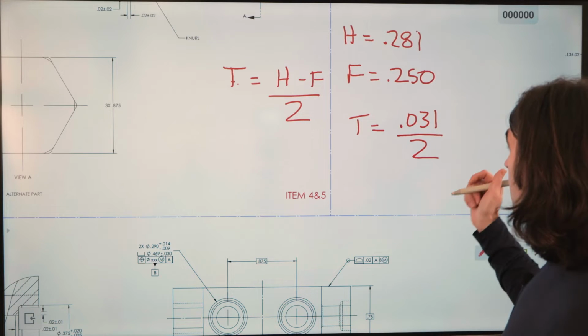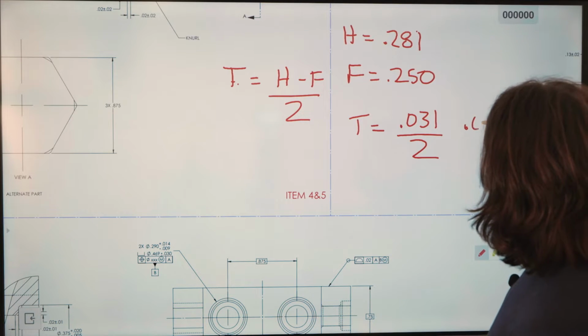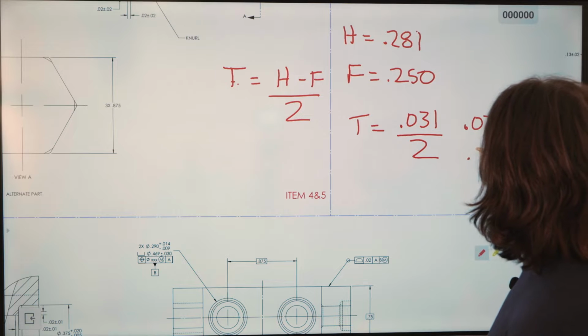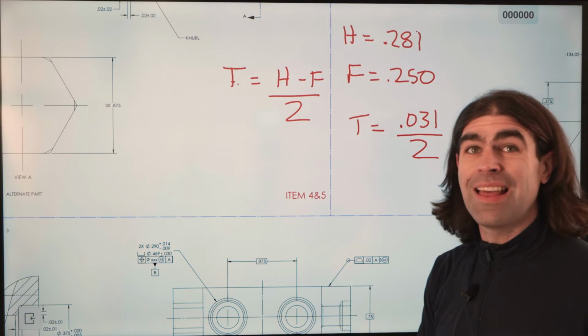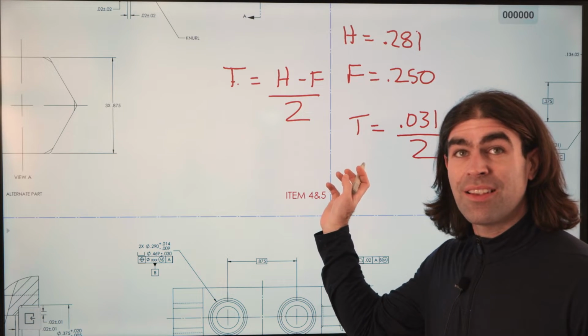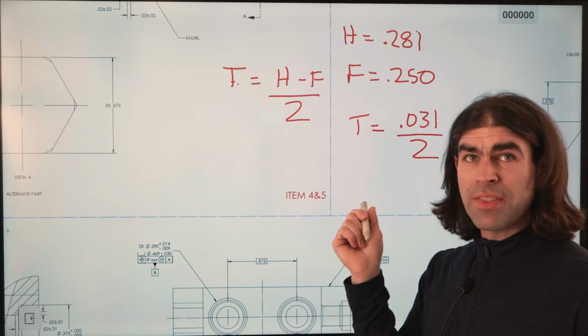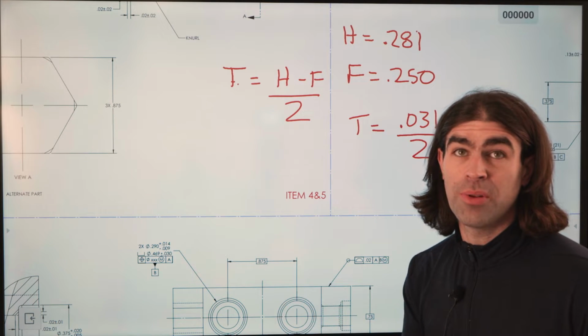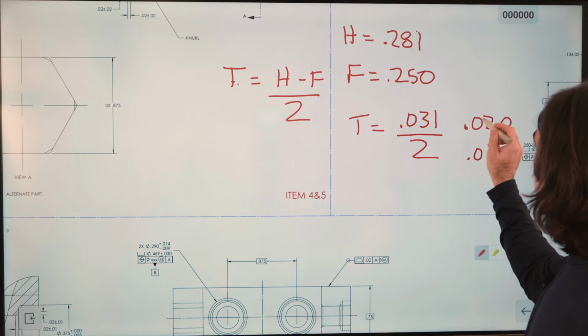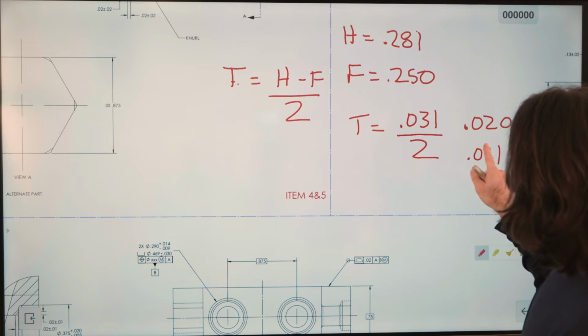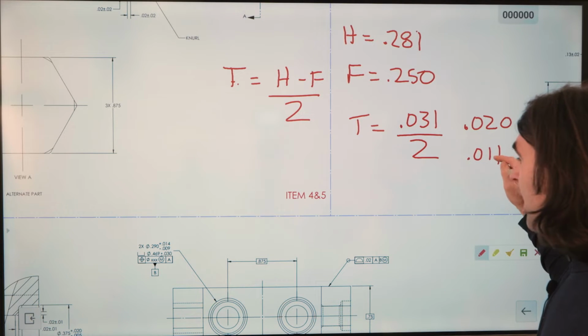So split it up however you want. I'm going to do 20 thousandths and 11 thousandths. If you divide the 31 thousandths by 2, you might get 4 decimal places. We don't want that. So you just split it up however you need to. So now we've got 20 thousandths and 11 thousandths.